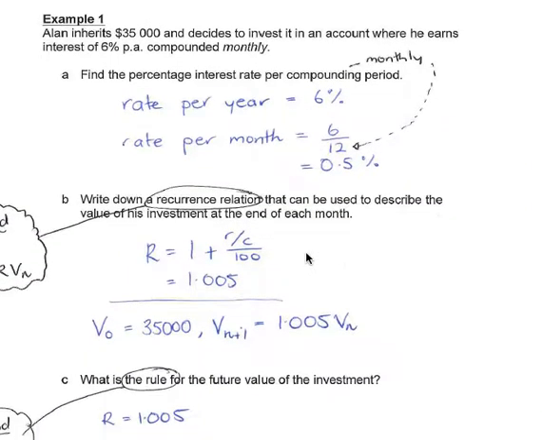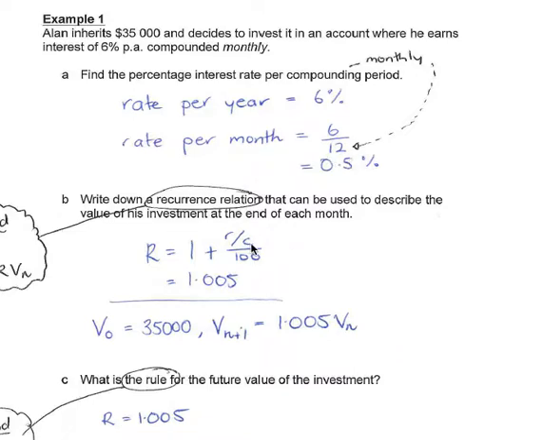Example 1: Alan inherits $35,000 and decides to invest it in an account where he earns 6%, compounded monthly. That's really important when we're using our values here. The rate per year is 6%, but the rate per month is 0.5% because we divide by 12. We're talking compounding monthly, divided by 12.